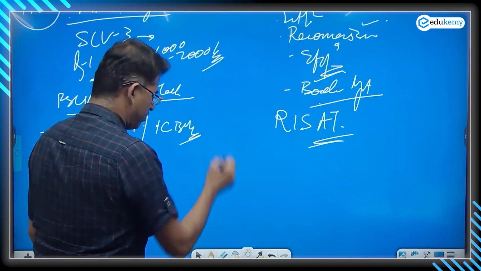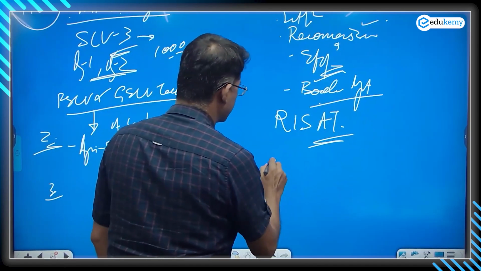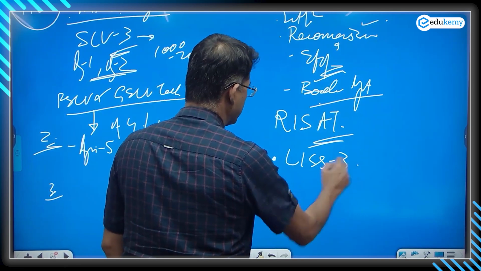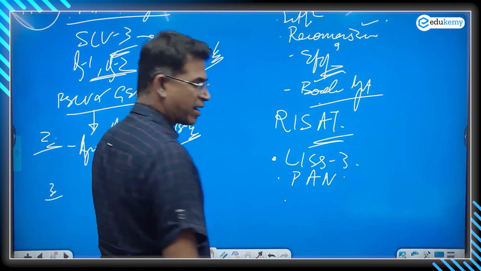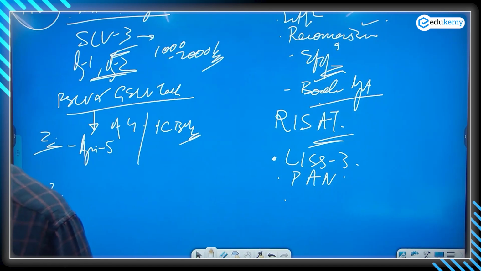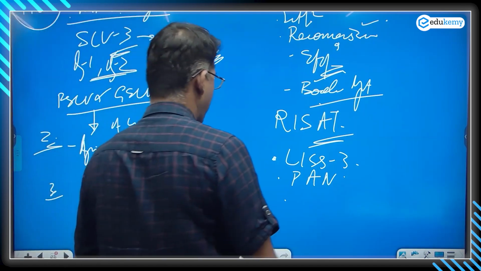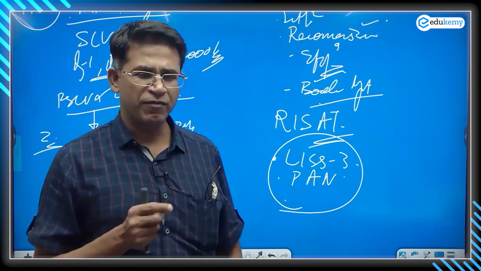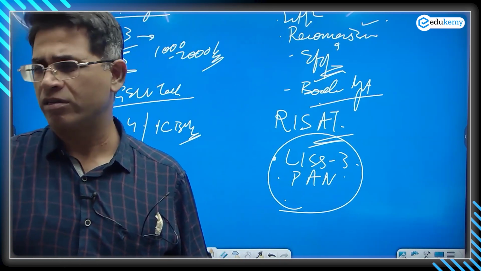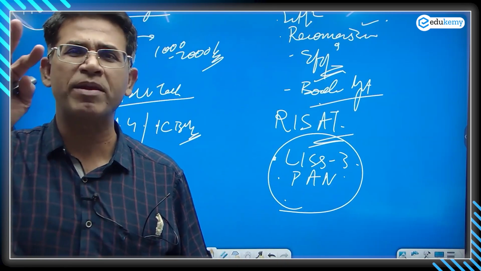And three technologies help here: one is the LIS-3 cameras, second is the PAN cameras, and third is beyond infrared imaging. Otherwise, infrared by itself is not very good, because it can't penetrate the clouds.